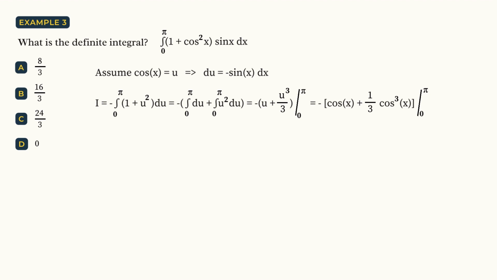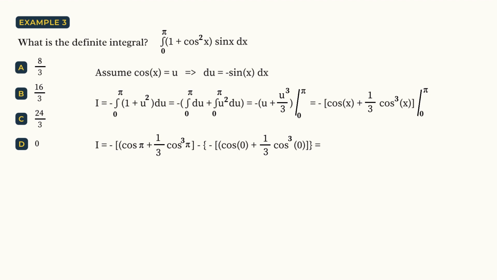So now we have to do F(b) minus F(a). In our case, we have F(pi) minus F(0). Let's go ahead and do that. The integral will be equal to, don't forget the minus. It's very important to pay attention to the signs because otherwise you will get a different answer and get it all wrong.